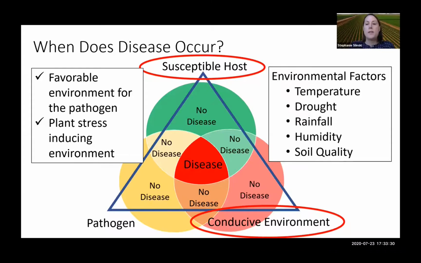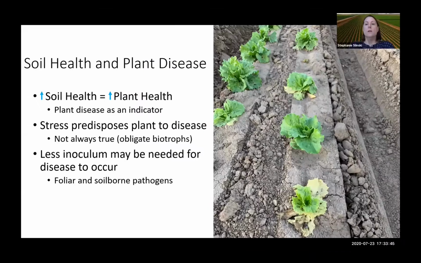Soil quality is another factor that could influence both the environment and the host susceptibility. Soil health is an important part of effective plant disease management, effective long-term disease management. Soil health and plant disease go together. Often we see disease as an indicator of problems with the soil.